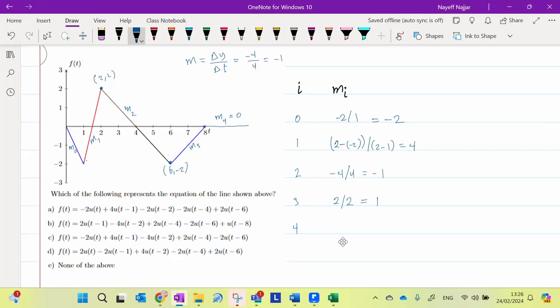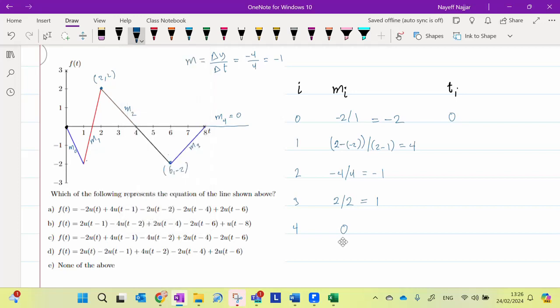And then finally, I have the last one, which is slope. Here I'm going to write Ti. What is Ti? Ti is simply where the segment starts. So for this blue segment, for m0, Ti is equal to 0.